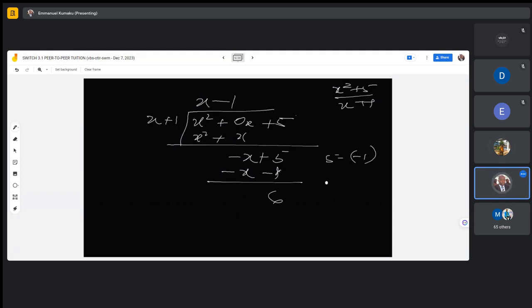Similarly, negative x minus negative x will be negative x plus x, which goes off. So that will end our division. So the quotient is x minus 1, and that will be our oblique or slant asymptote. Y is equal to x minus 1.